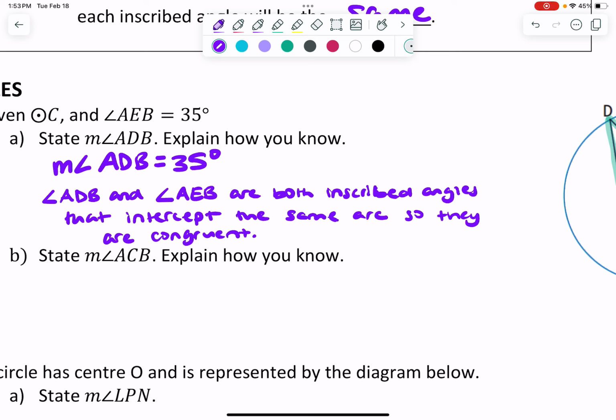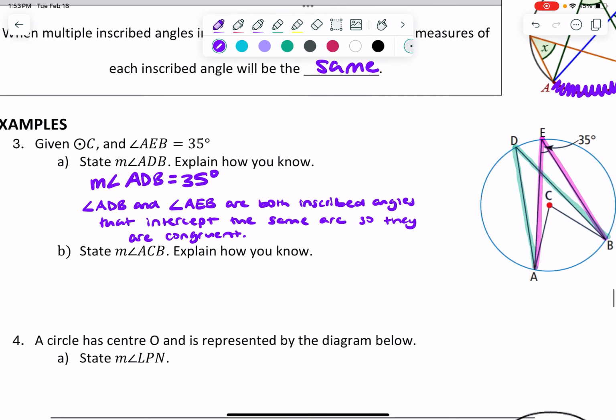So angle ADB and angle AEB are both inscribed angles that intercept the same arc, so they are congruent. Lovely.